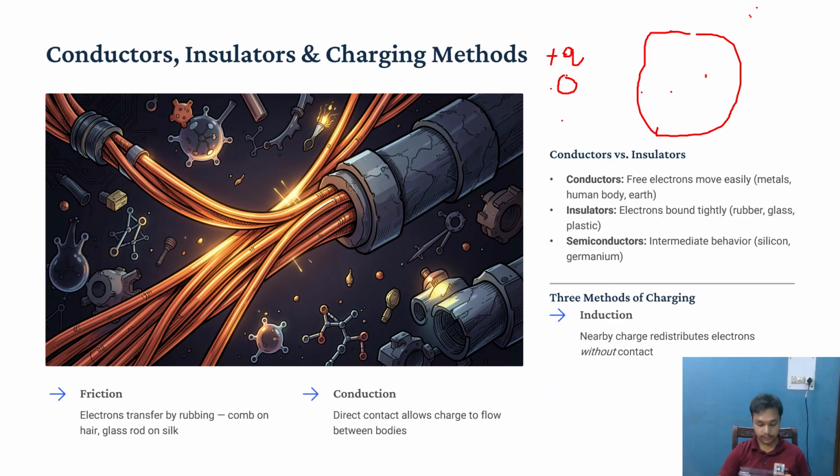Now when this positive charge is brought close to this body, this positive charge attracts the free electrons in the neutral body. So it will attract the free electrons.